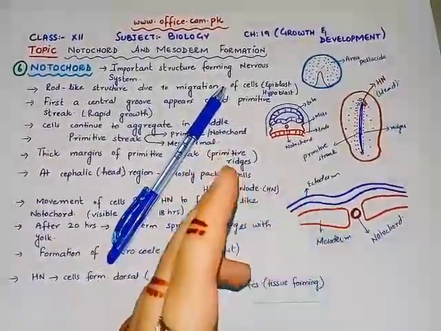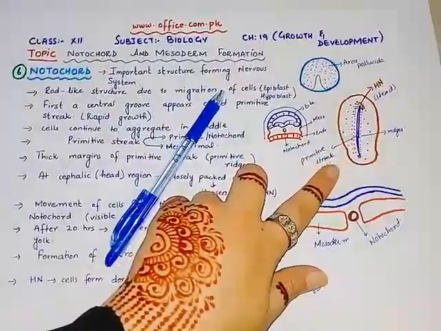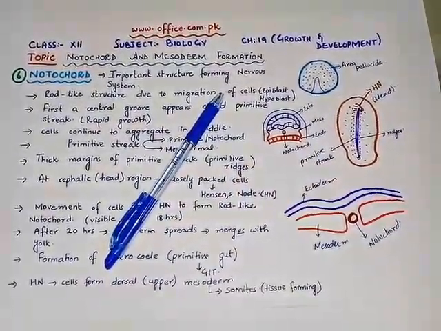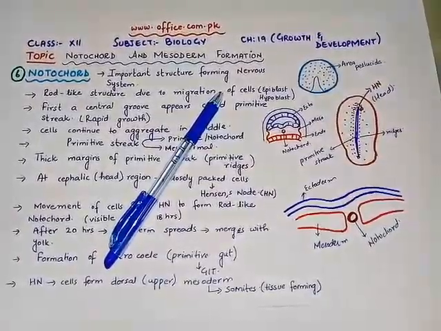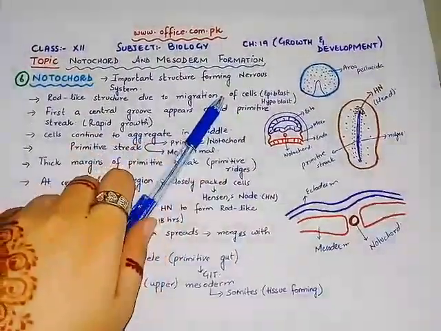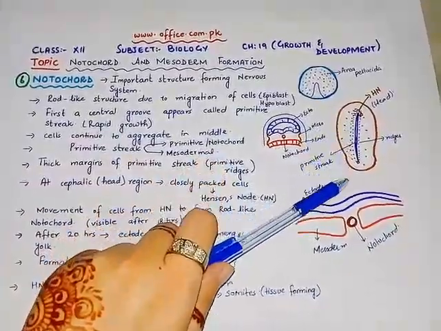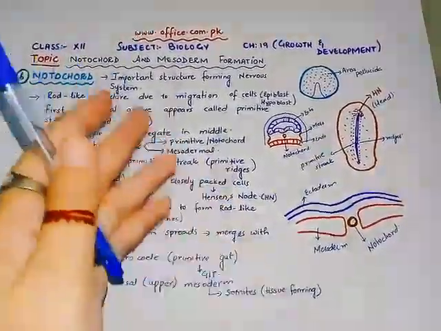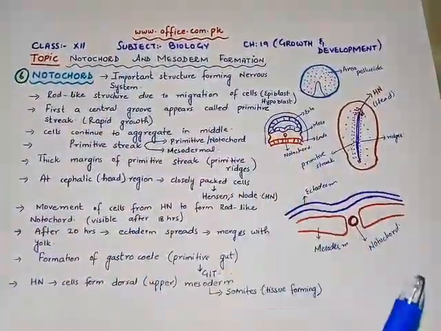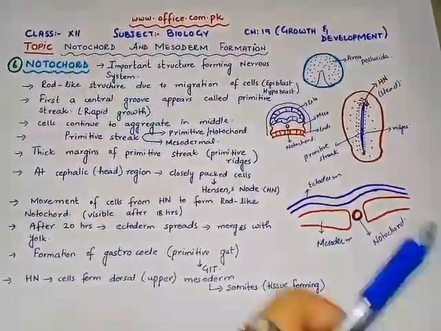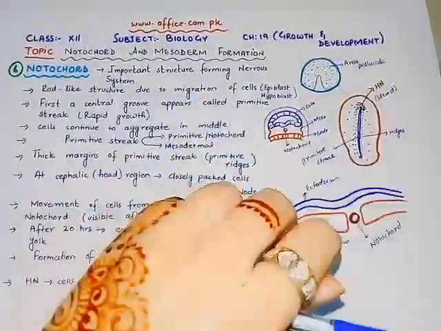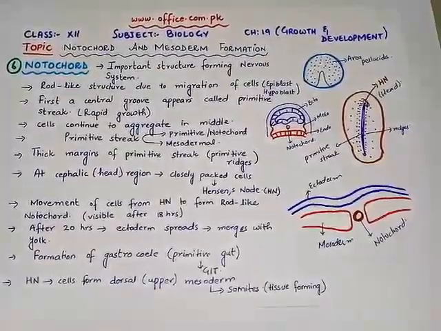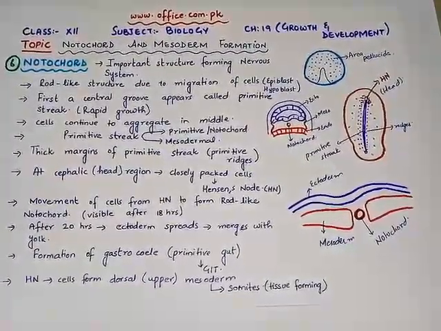So here, as you can see, the size becomes larger, the embryo elongates, and there is a formation of a central groove. The central groove appears because of the migration of the cells from the epiblast as well as the hypoblast. So this groove or deep depth-like structure is known as the primitive streak.